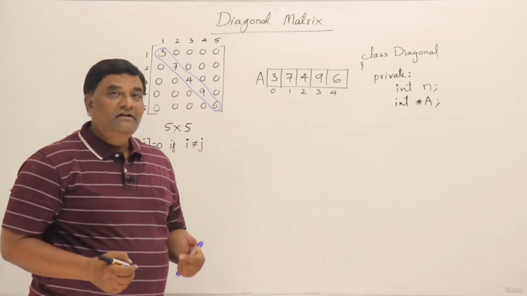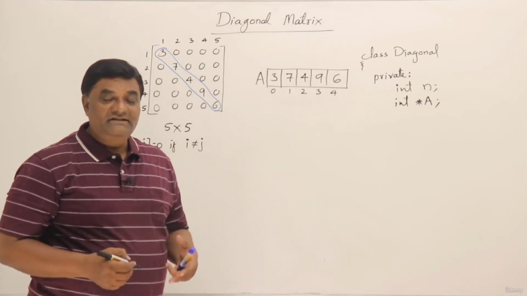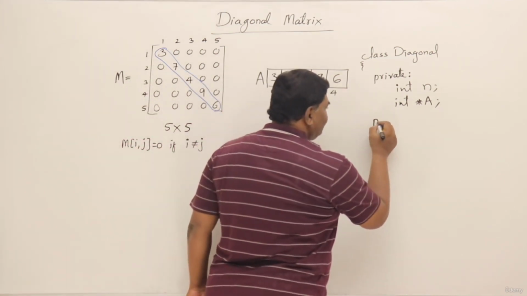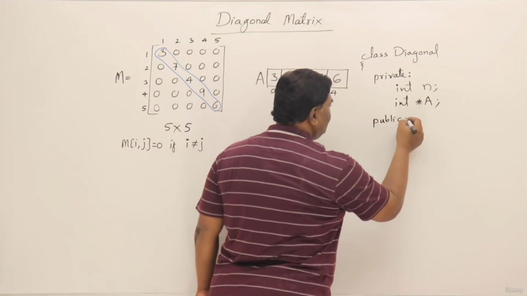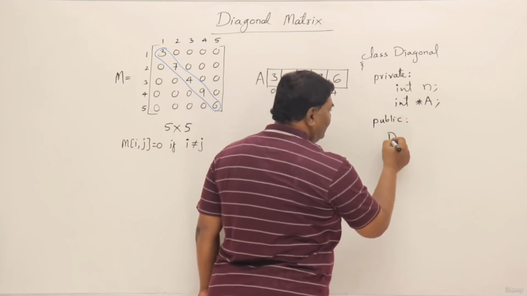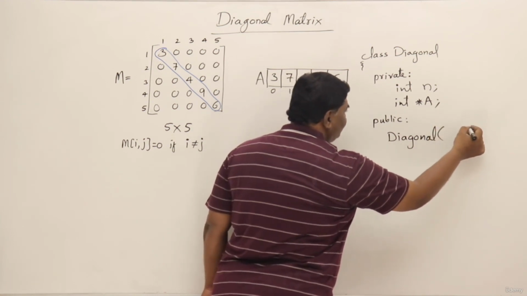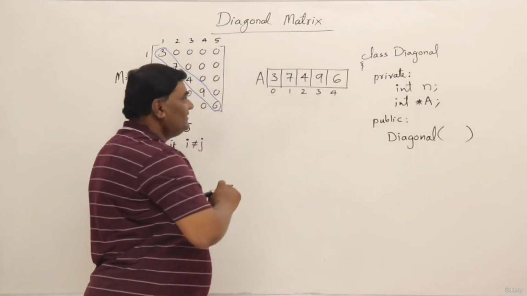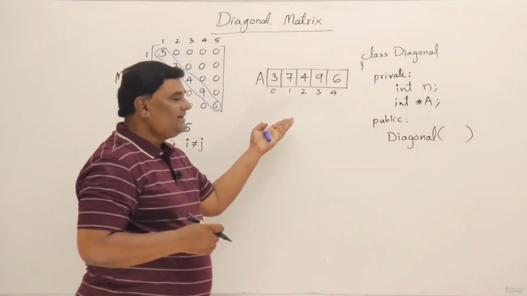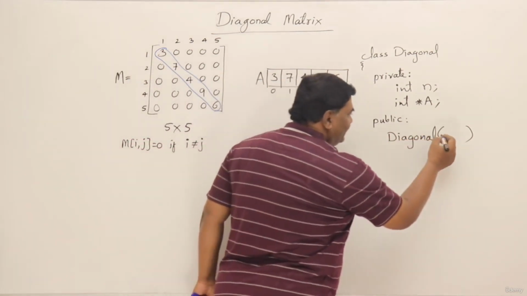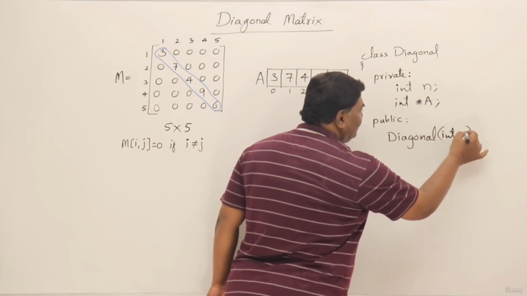The next thing I should write is a constructor. So constructor inside public, I will write a constructor for diagonal. When you are creating an object of this, we need the dimension, whether it is of size 5 or 4, whatever it is. So let us take int n.